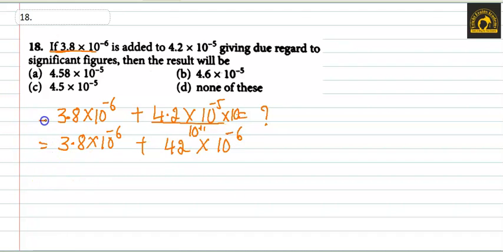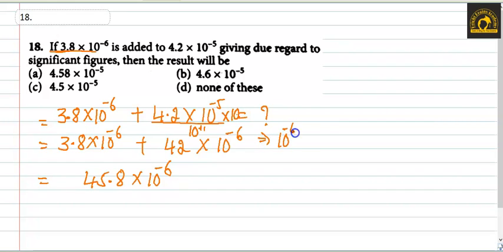So the final answer is 42 plus 3.8, 45.8 into 10 to the power of minus 6. 10 to the power of minus 6 is common. Add 3.8 plus 42. Okay, 42 plus 3.8 is 45.8 into 10 to the power of minus 6.